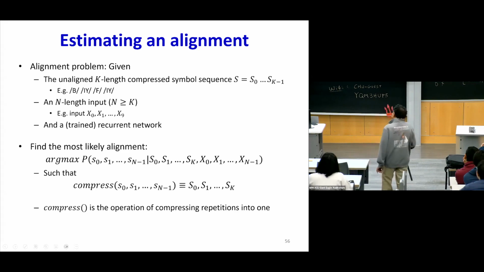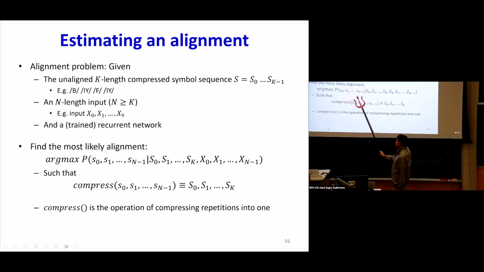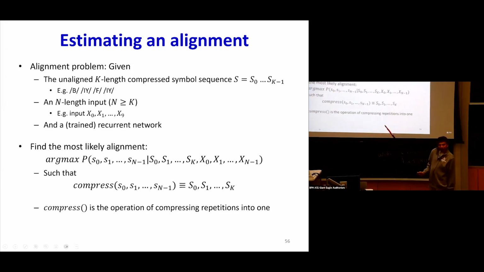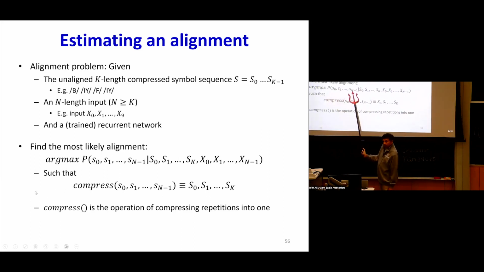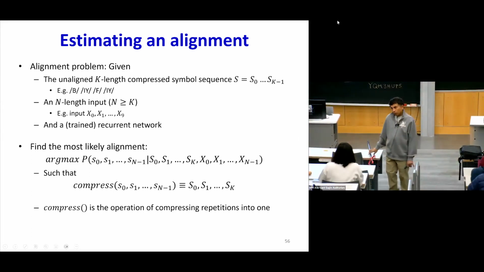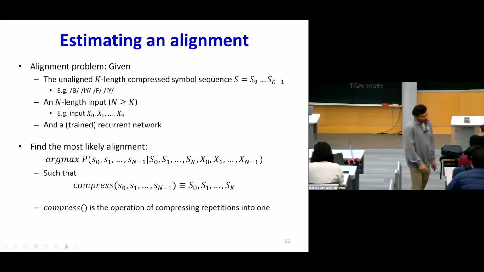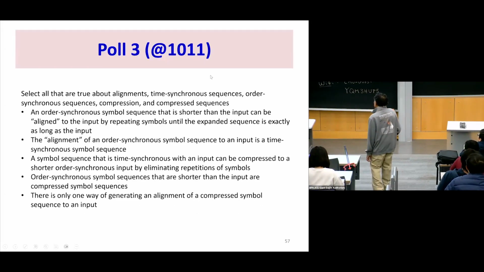So again, find me the expanded sequence S0 through S minus 1 that is most likely given the symbol sequence and the input. Or alternately stated, find me the most likely symbol sequence, the time synchronous sequence that when compressed becomes my given symbol sequence. So search through all of the symbol sequences, find me the ones that when compressed will give me but, and then of those pick the one that's most likely, okay? So here's a point.